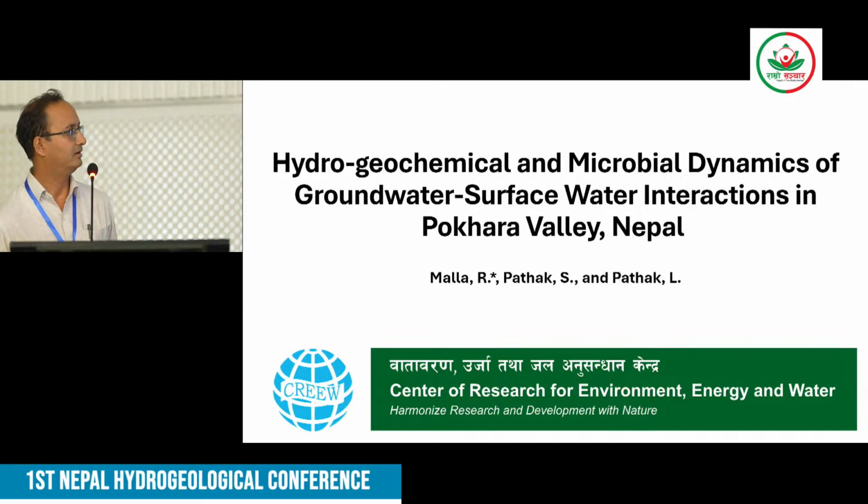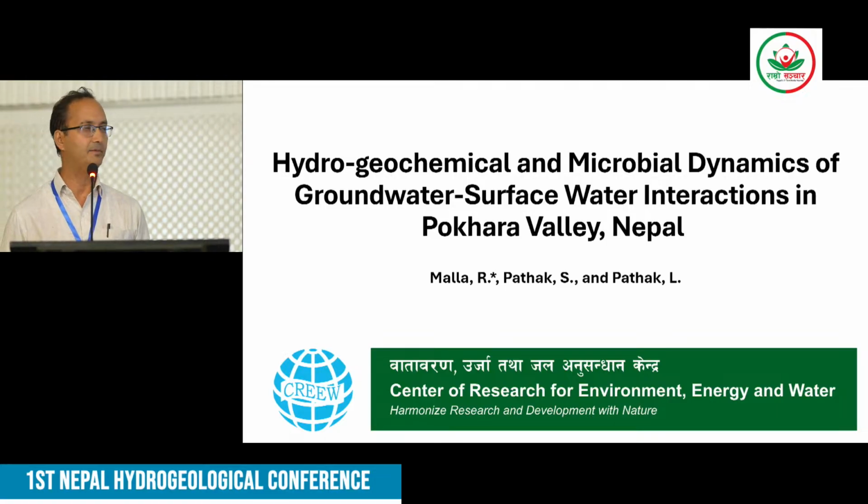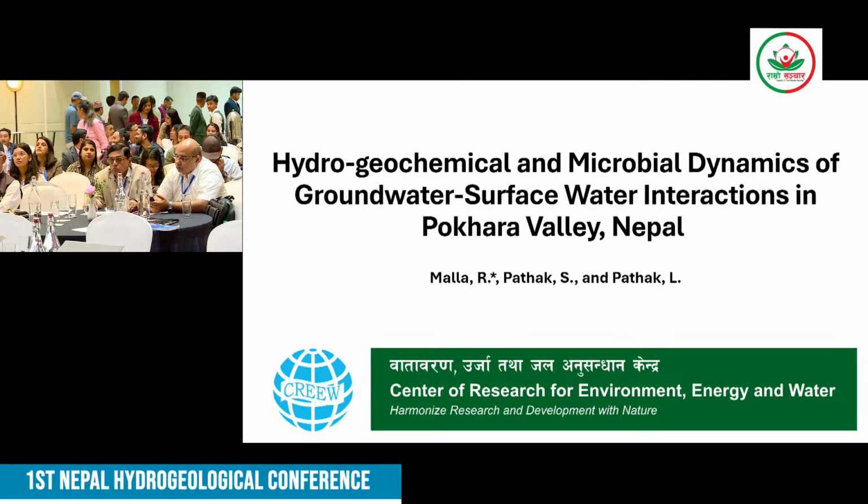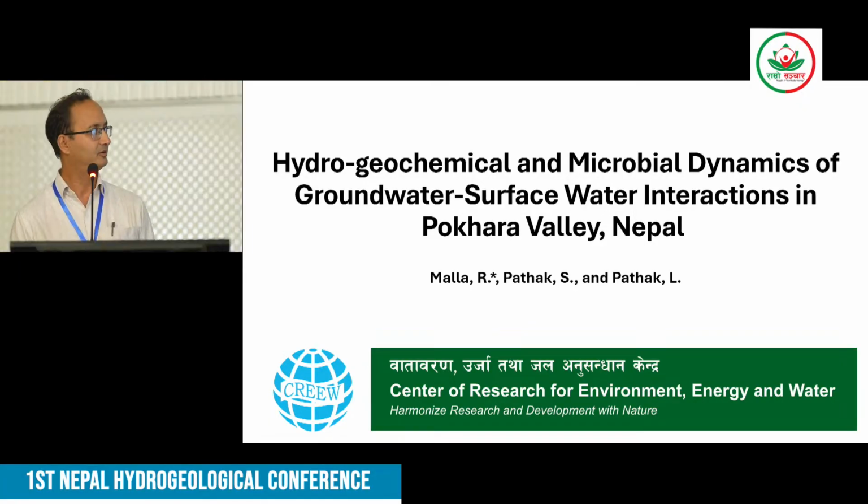So this is a hydrogeological and microbial dynamics of groundwater and surface water interactions in Pokhara Valley. This was not the real assigned title, but we modified it based on the data we had. So we're trying to just align to this topic.